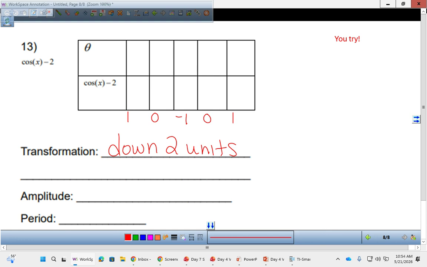Okay? So I'm going to shift these down 2, so I'm going to subtract 2 from each of them. So 1 minus 2 is negative 1. 0 minus 2 is negative 2. Negative 1 minus 2 is negative 3. 0 minus 2 is negative 2. 1 minus 2 is negative 1.